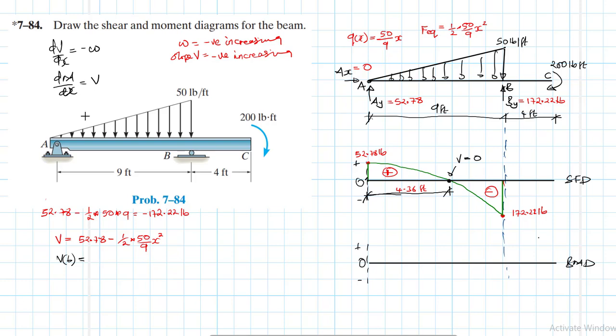This is shear when x is equal to 9, not 6. Sorry, when x is equal to 9. We're just testing this equation when x is equal to 9. 52.78 minus 0.5 times 50 divided by 9 times 9 squared.